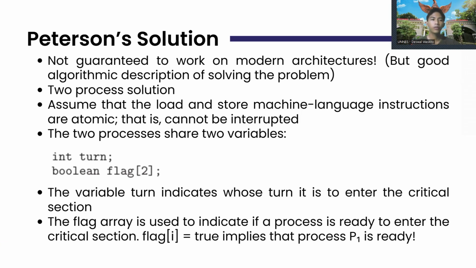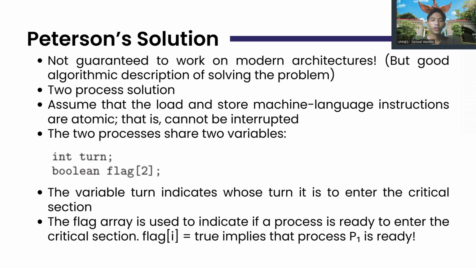Here we talk about the Peterson solution, not guaranteed to work on modern architecture, but a good algorithmic description of solving the problem. The Peterson solution just can be applied to two process solution. Assume that the load and store machine language instructions are atomic, that is, cannot be interrupted.